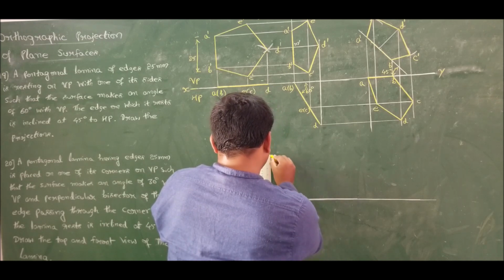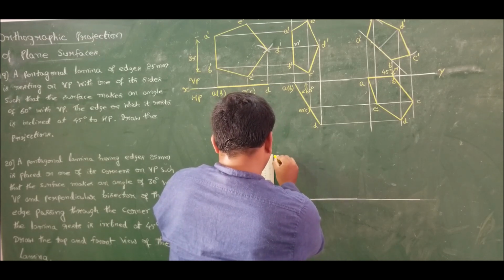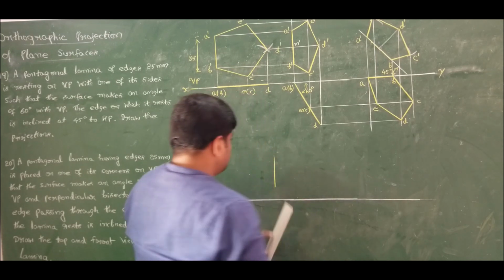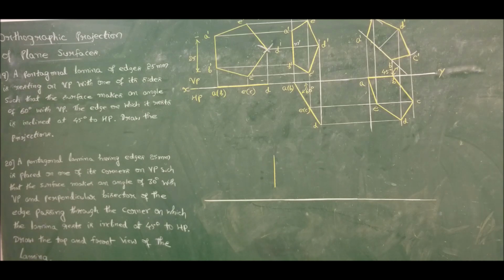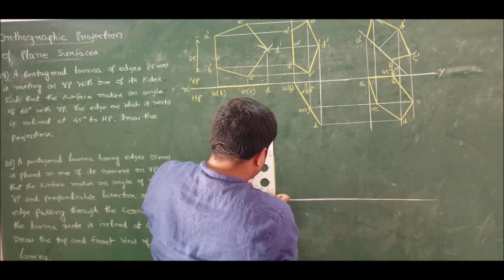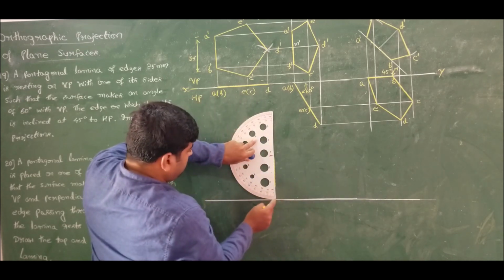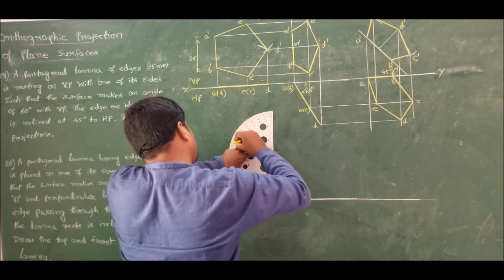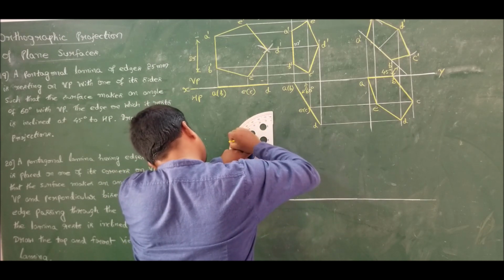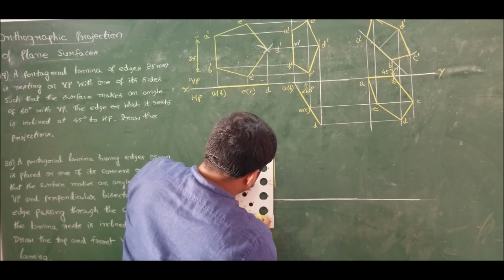Taking the edge towards right hand side, we have 25 mm drawn. Now use compass and measure exterior angle of 72 or interior angle of 108 degrees on either side.